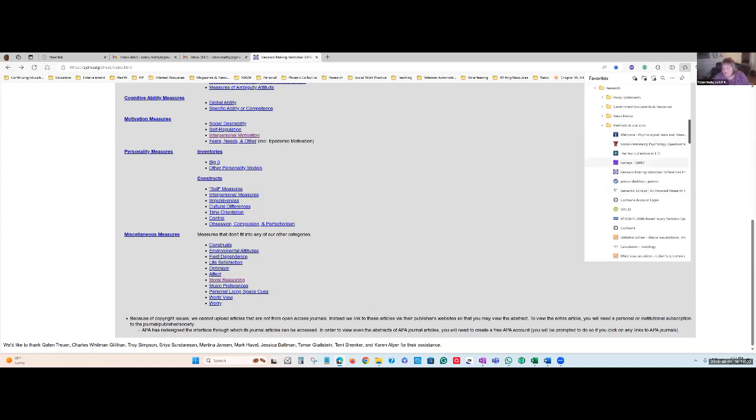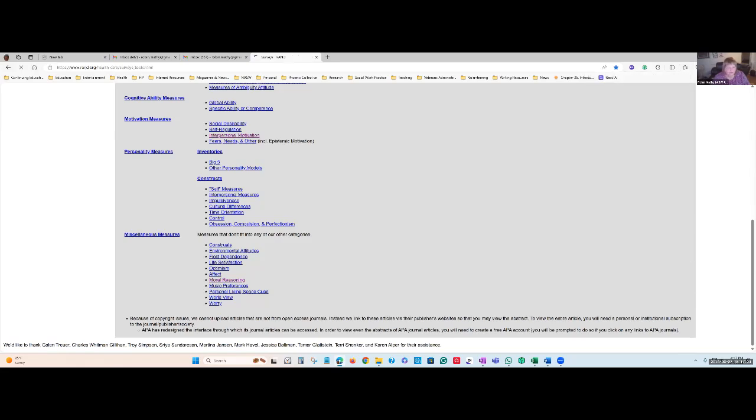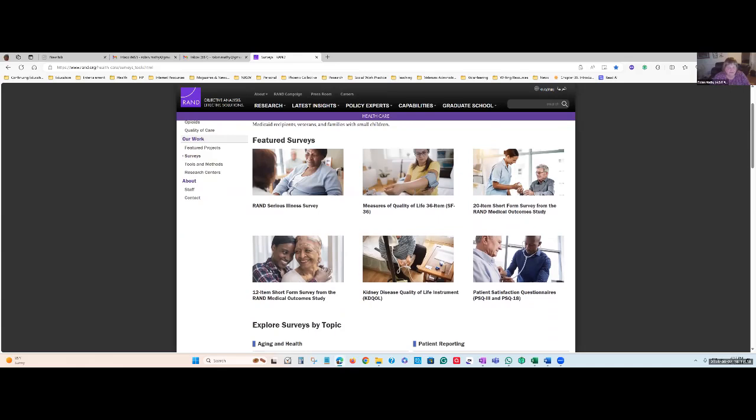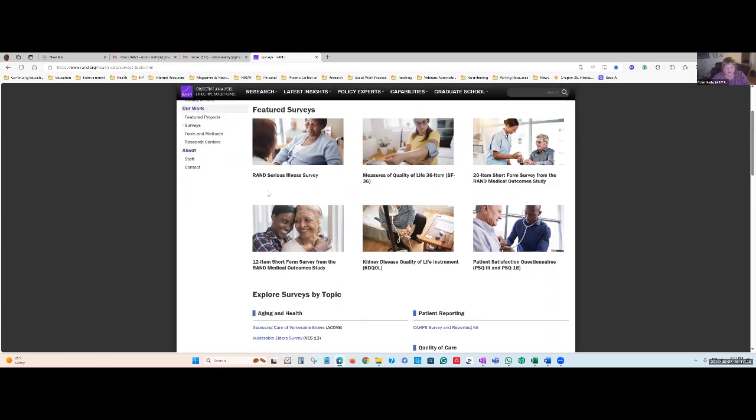This one is the RAND. I love RAND. Oh, this is super good. I love how excited you get. This one has a search, which is really, I love when they have searches. You can see that they have featured surveys, ones that they've used, serious illness, quality of life, RAND medical outcomes study, patient satisfaction questionnaires.